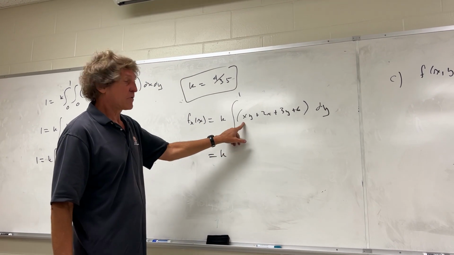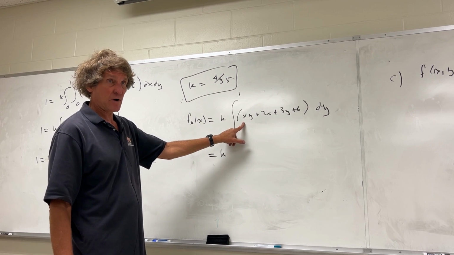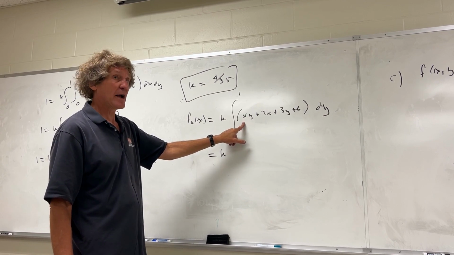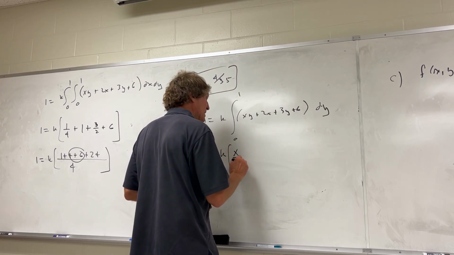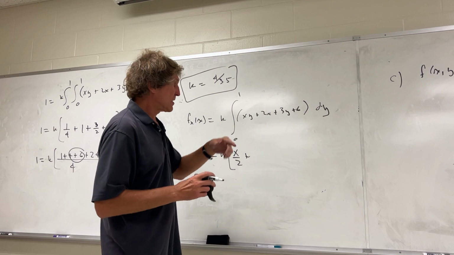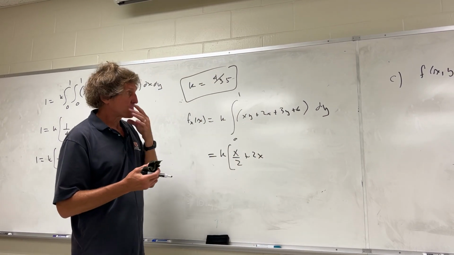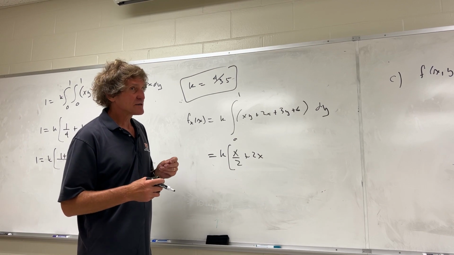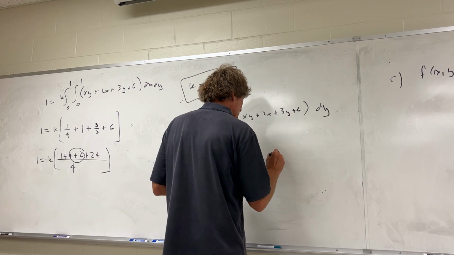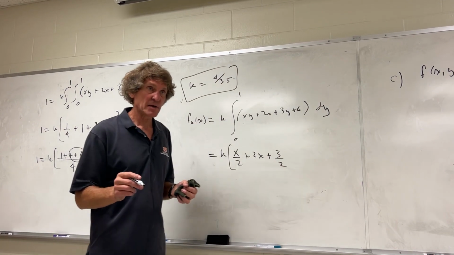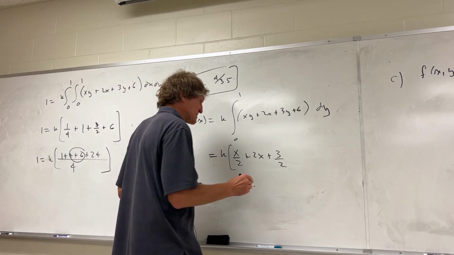When I integrate dy here, I get y squared over 2 times x, evaluated y from 0 to 1 is x over 2, a half, right? So work with me, make sure I don't make a mistake. Then I integrate this dy is just plus 2x, right? Then I have 3y dy, that's 3y squared over 2 from 0 to 1 is just going to be plus 3 halves. Does everybody agree with that? Finally, the last one is just 6, isn't it? Plus 6.